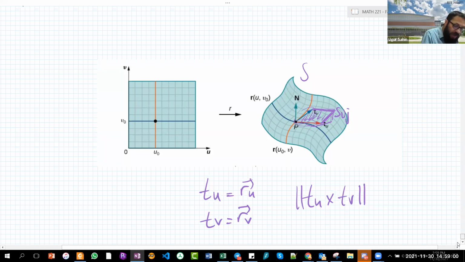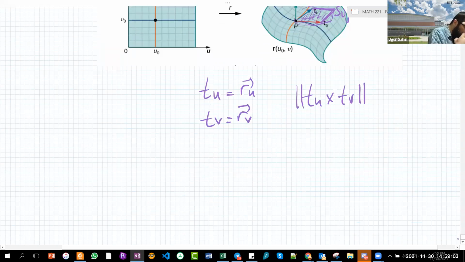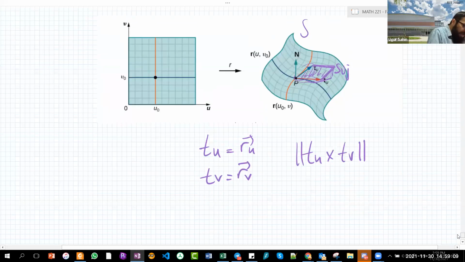One more thing I'm going to do for the purpose of my integral. As you know, this surface is the mapping between the UV plane and this one. This orange line was mapped to this orange curve, and this blue curve was mapped to this blue curve.